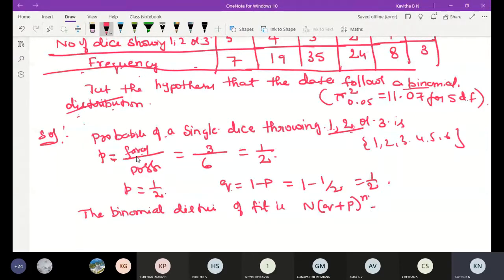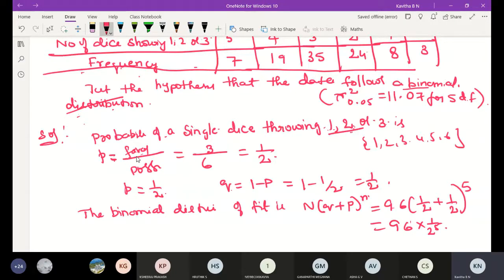Here N is 96 times, n is 5 dice thrown 96 times. Capital N is 96, small n is 5. Then q is 1 by 2 and p is also 1 by 2, whole to the power of 5. So 96 into (1 by 2 plus 1 by 2) to the power of 5. Okay.